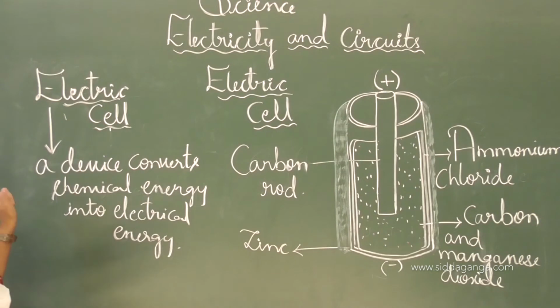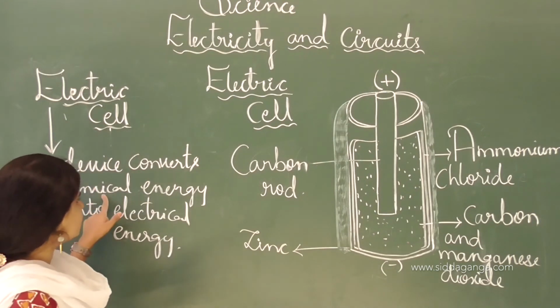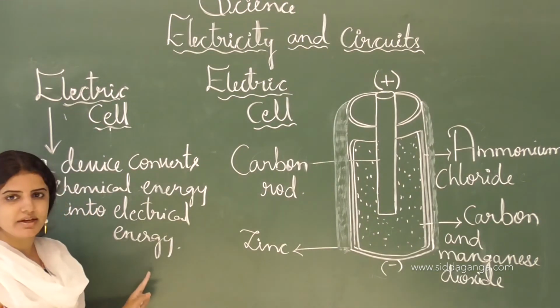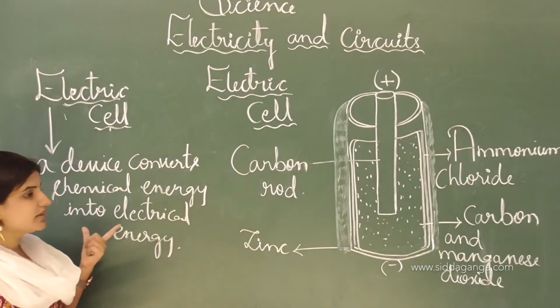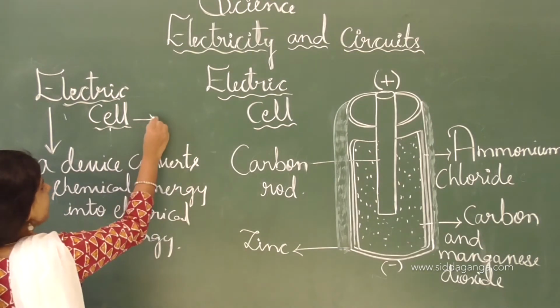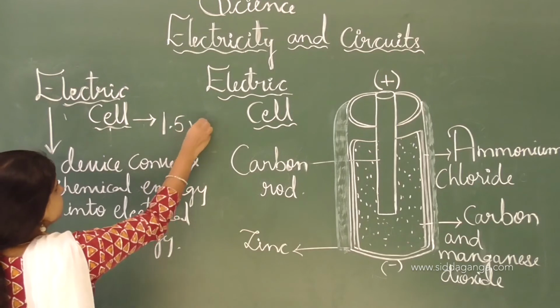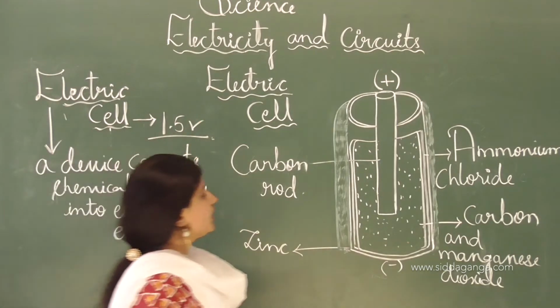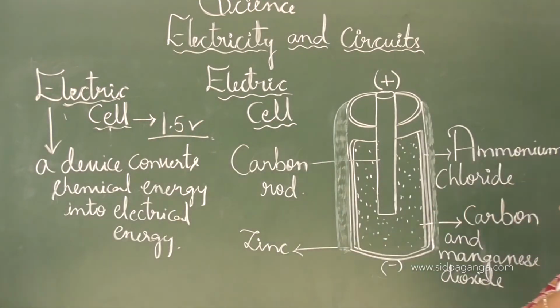See, an electric cell is a device which converts chemical energy into electrical energy, and having 1.5 volts, it has that power. Next one is the structure of the electric cell.